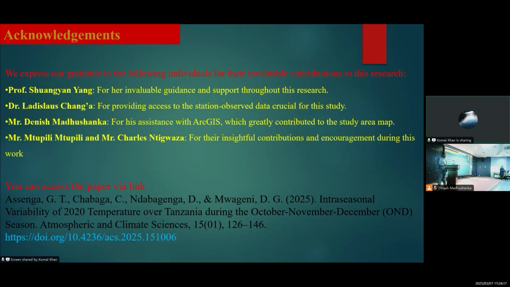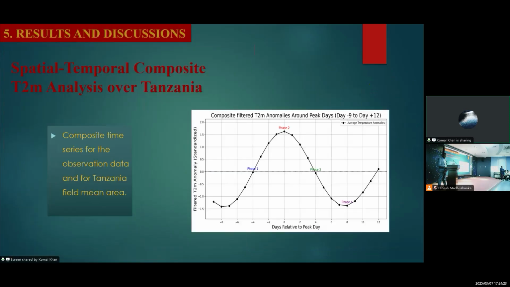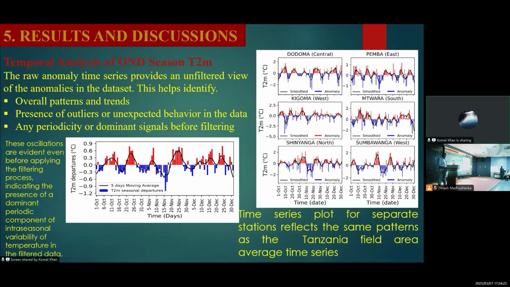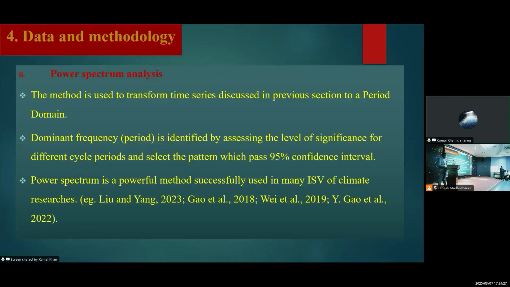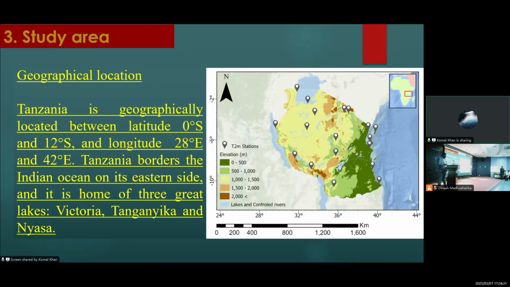Also, the issue of the OND, October, November, and December 2020. You said you selected it because of the issue of data availability, particularly the daily data for temperature, isn't it? My question is, why October, November, and December 2020?